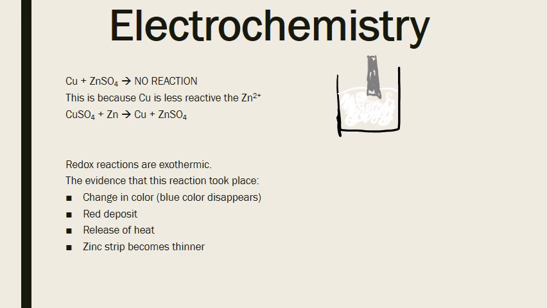So here we've got zinc 2+ ions and SO4 2- ions, and this is copper. And we said here that we don't have a reaction because Cu is less reactive than zinc 2+.